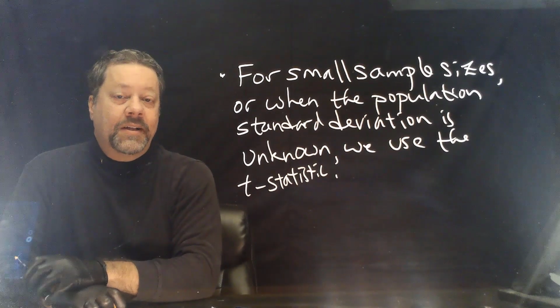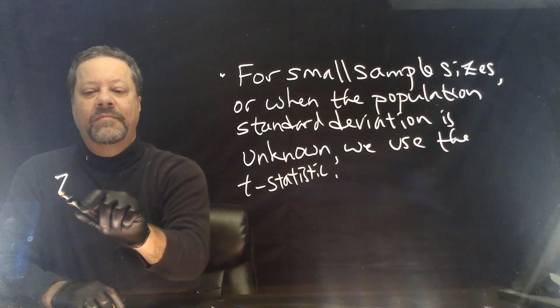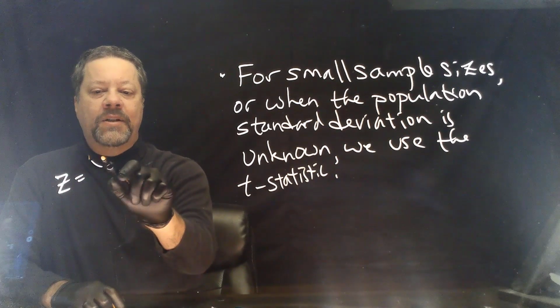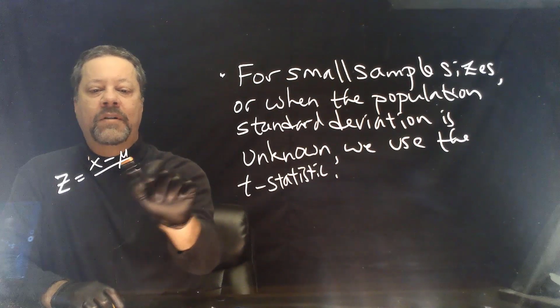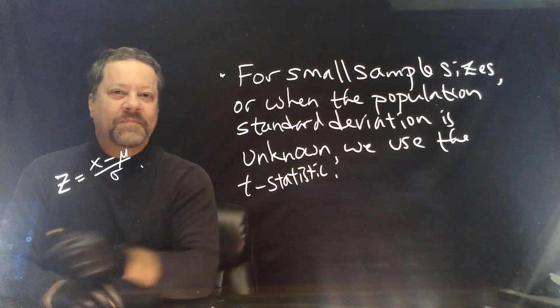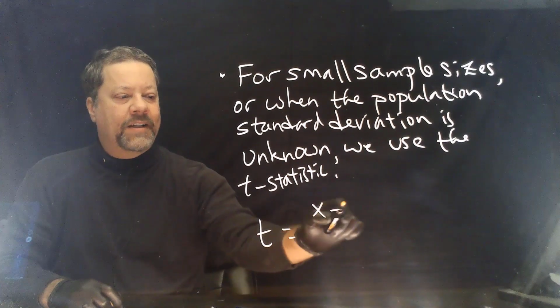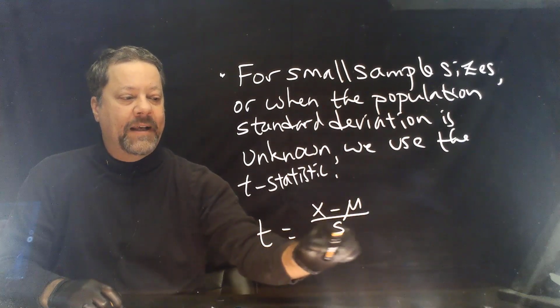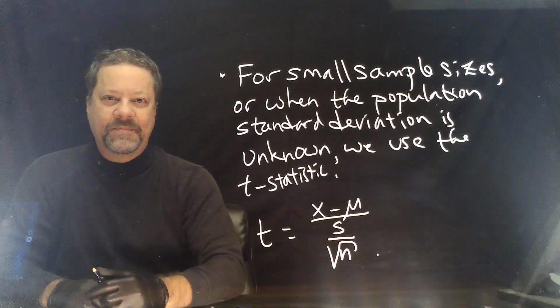The T statistic is just like the Z statistic. Z was what? X minus mu divided by sigma. For the T statistic, it's going to be X minus mu divided by S over the square root of the sample size.